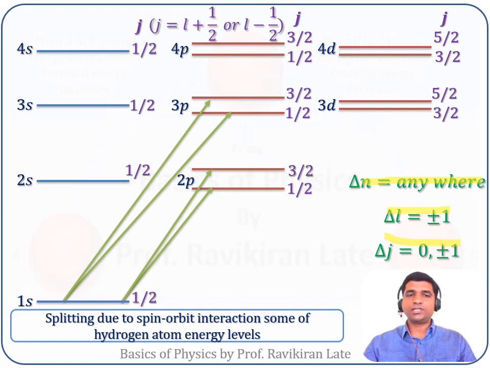Initially we were having the transition from 2p level to 1s level, or from 1s level to 3p level. Now in addition to this, you will have one more transition from 1s to 2p level. You can have these two transitions. Similarly, from 1s to 3p, you have these two transitions. That is the reason we mentioned initially the doubling of the spectral lines due to the fine structure of a hydrogen atom.